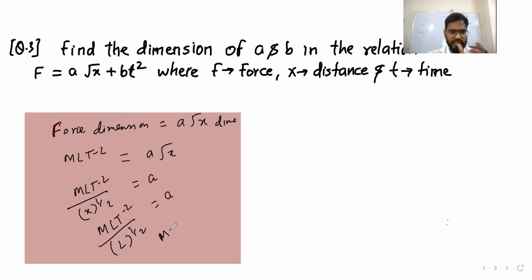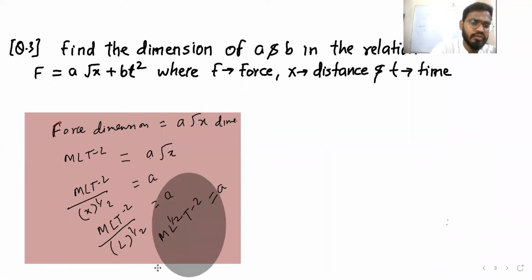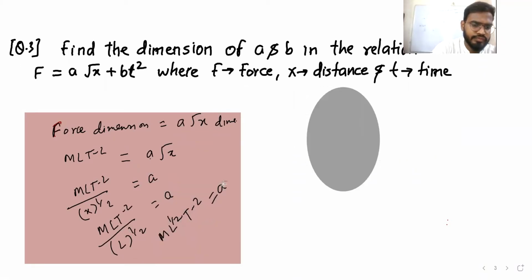And L is already 1 there, so 1 minus half. So it is going to be half. L to the power half, T to the power minus 2 is equal to A. So that is going to be the dimensional formula of A.